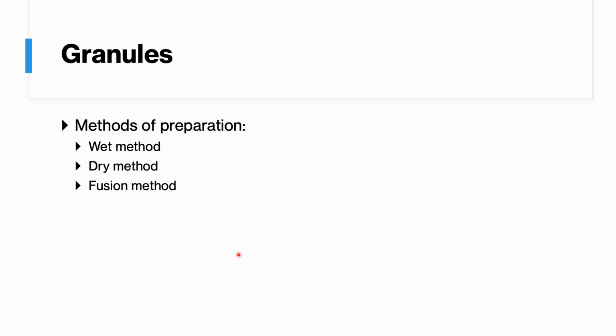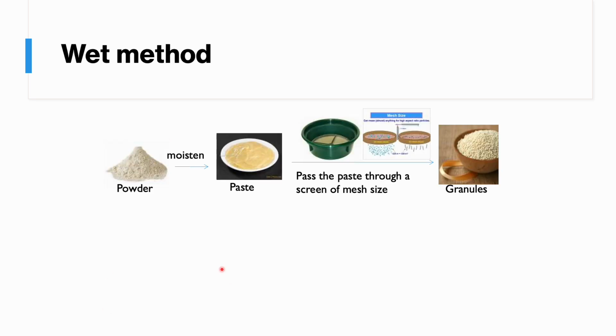Granules can be made by different methods: a wet method, dry method, or fusion method. The wet method is the most common method used in compounding. The powder will be moistened with an appropriate solvent to make a paste. Then the paste will be passed through a screen of a mesh size that depends on the purpose of use.